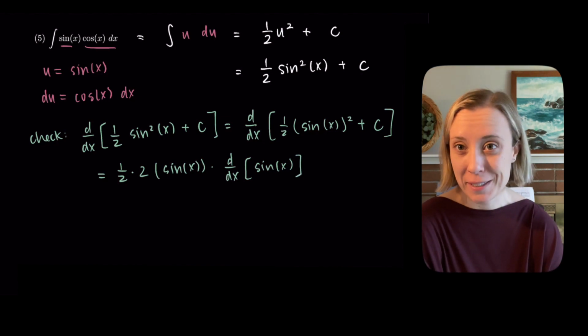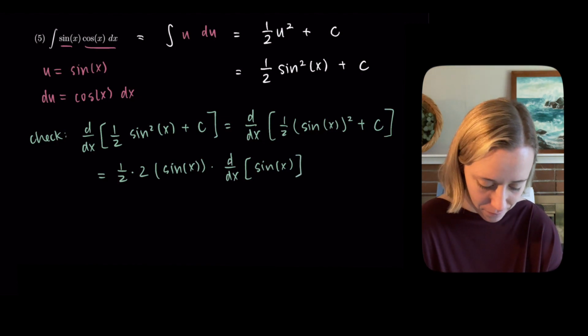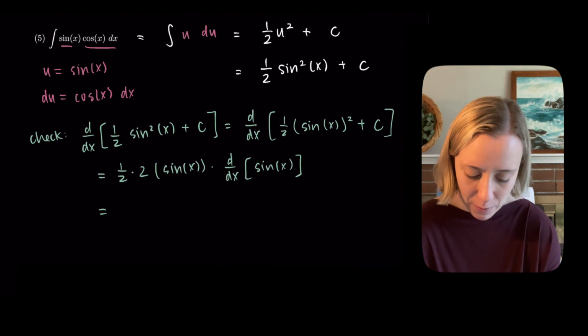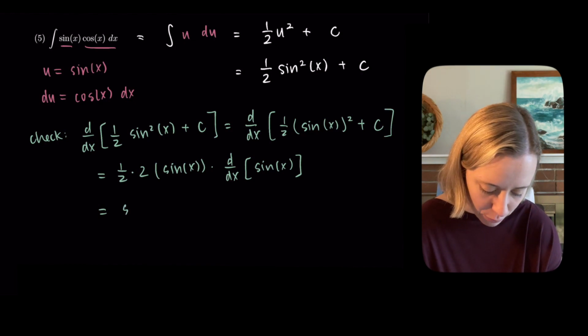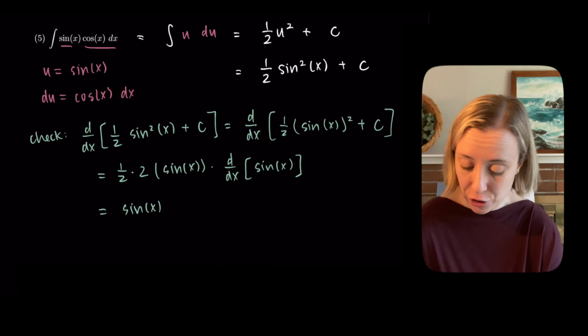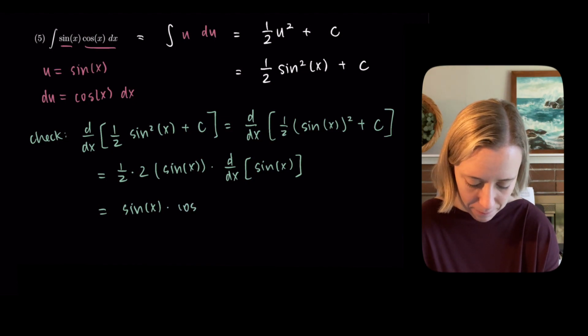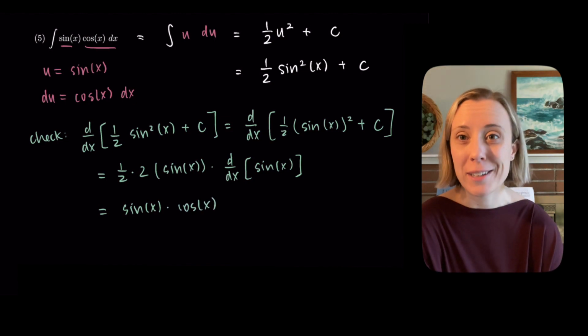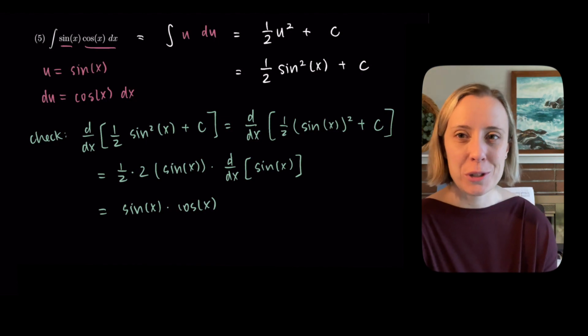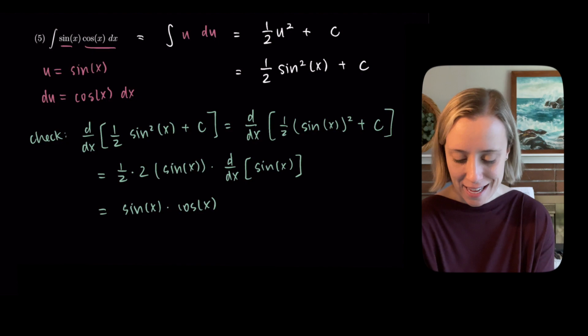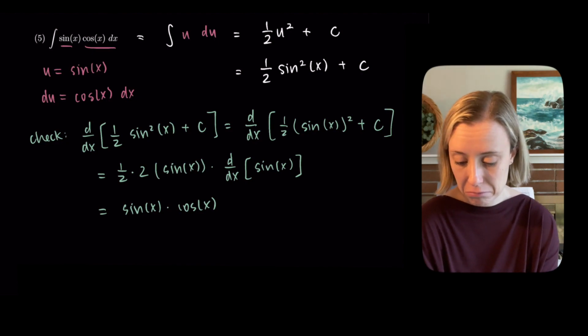As always, the derivative of plus c is 0. Okay, so my 1/2 and my 2 cancel. I'm left with sine x times the derivative of sine, which is cosine. And there we go. We're back to where we started, which is good. So here we did a chain rule, which corresponds to our u-substitution, and that's it.